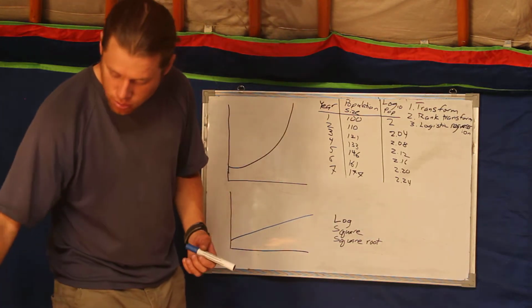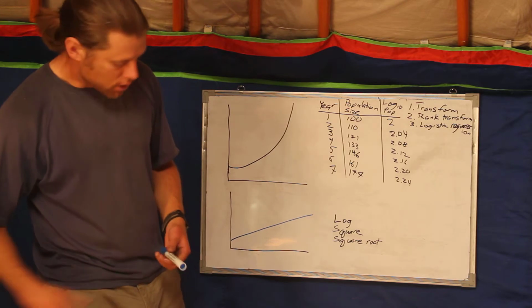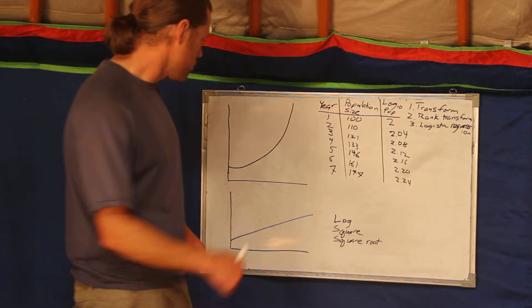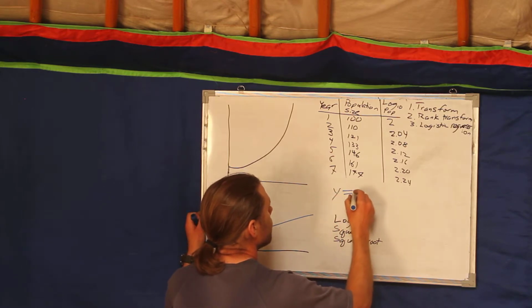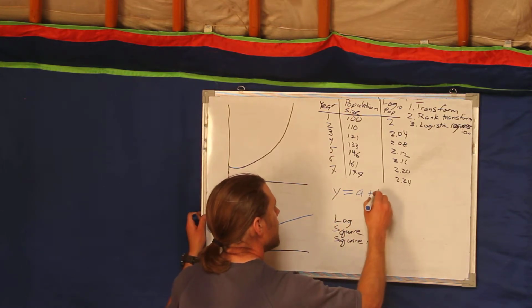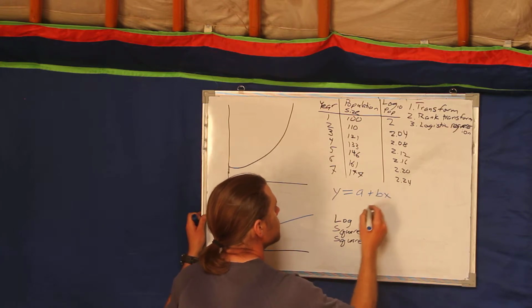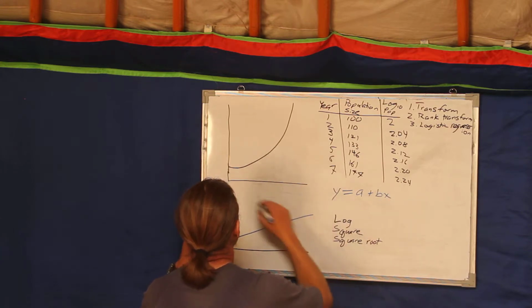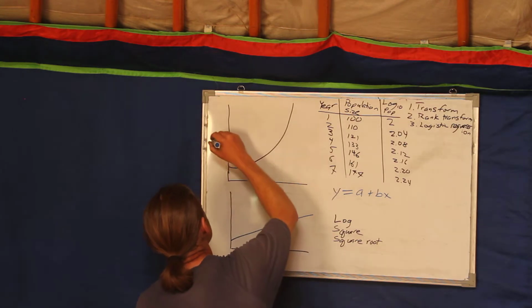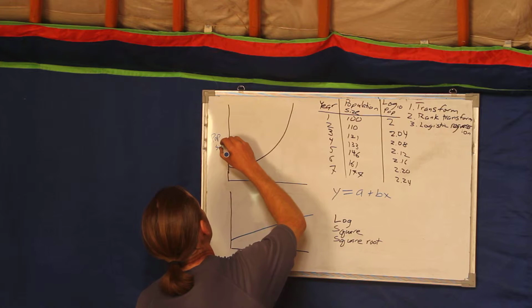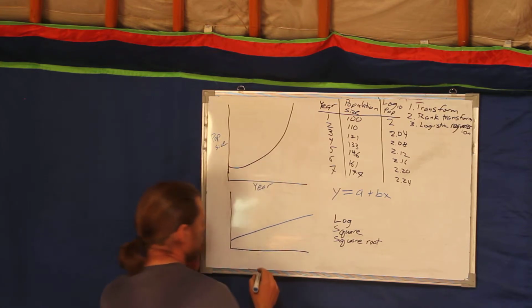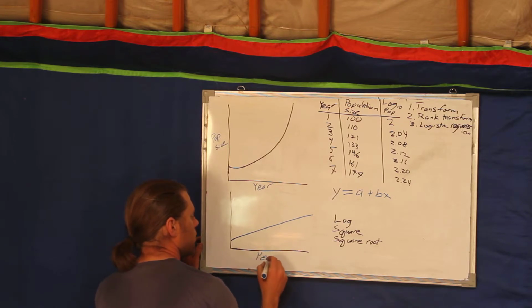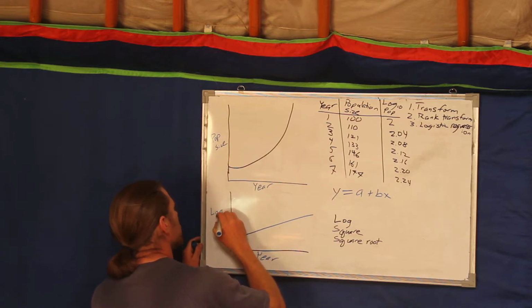A linear regression is that you're writing an equation where you're saying y equals a plus bx, b times x, and y here is population size, and this is year, and for this graph down here, this is still year, but this is now log population size.